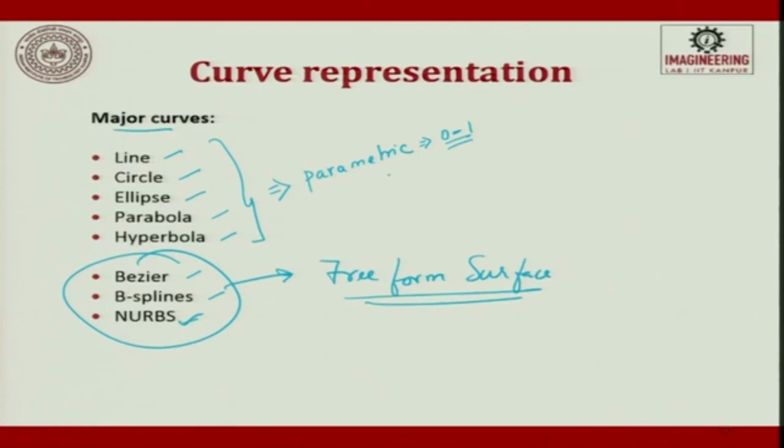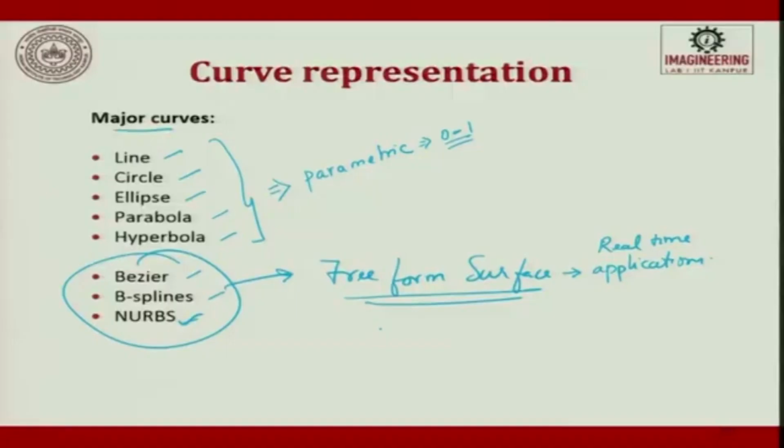So now we will try to make it a little more complex with free form surfaces, because a lot of real time applications come from free form surfaces. You look at any car, you look at a scooter, you look at the human body, a biomimicking surface, you will see complex free form surfaces. Whatever we have studied till now, ruled surfaces, all these things will be used because we have to represent this free form surface with minimum space.